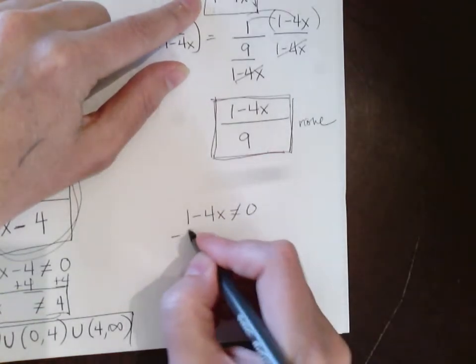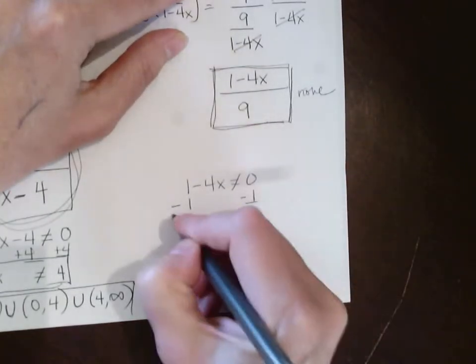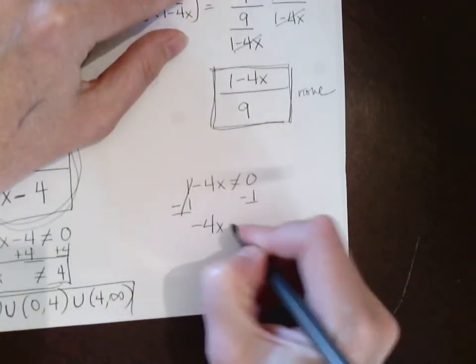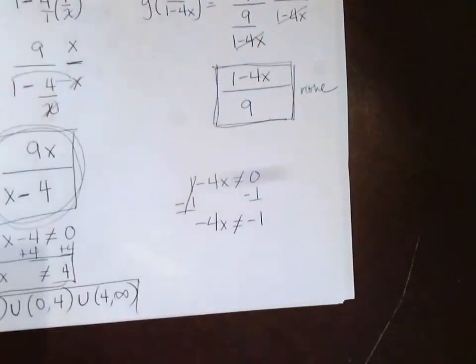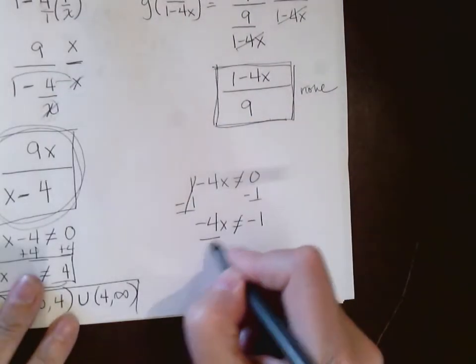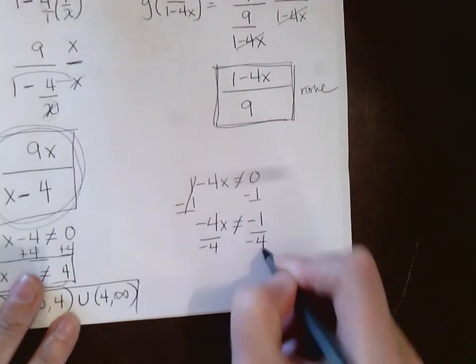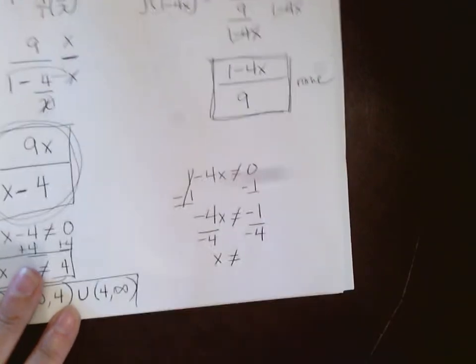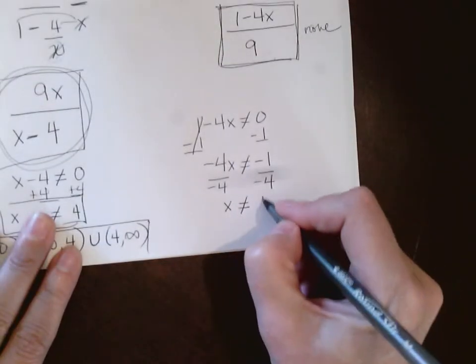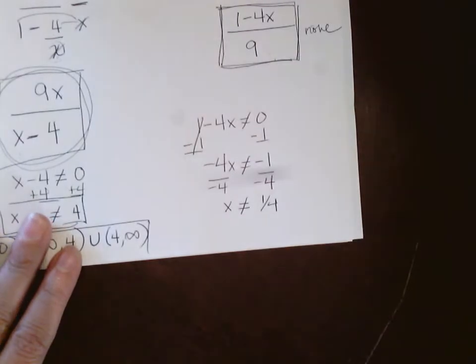Solve it for x, so subtract the 1. So negative 4x cannot equal negative 1. And then divide by negative 4. So x cannot equal, since it's a negative over a negative, positive 1/4.